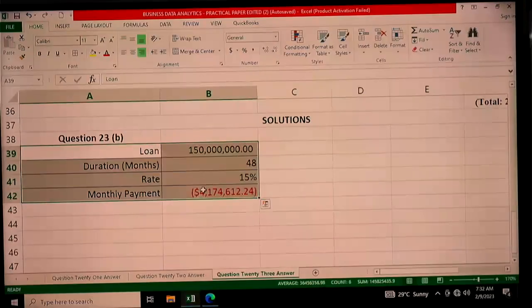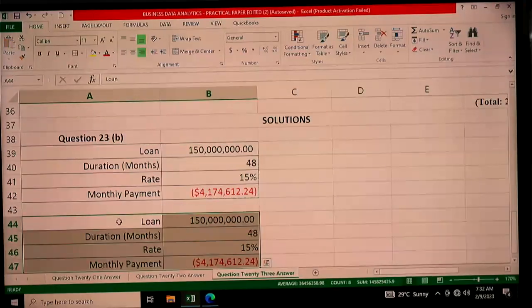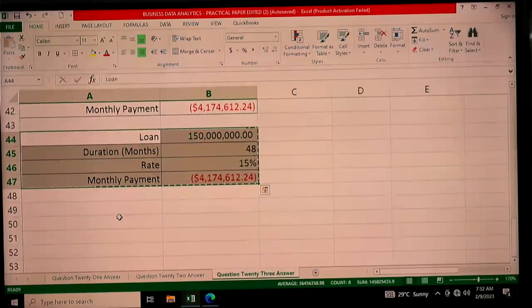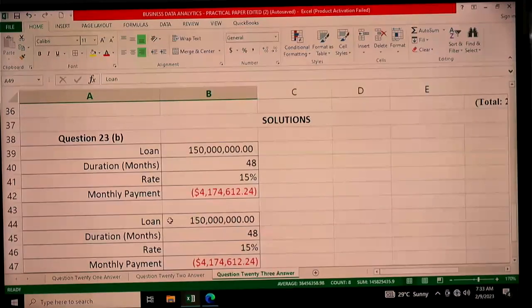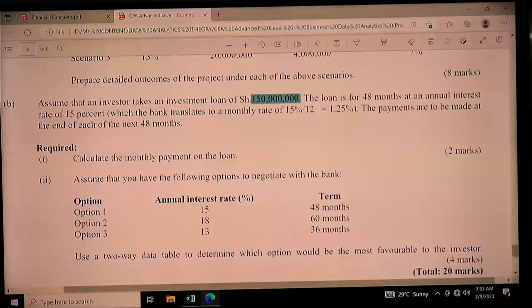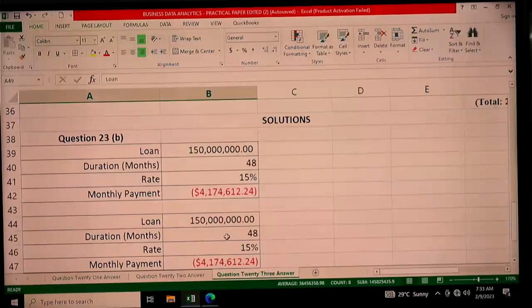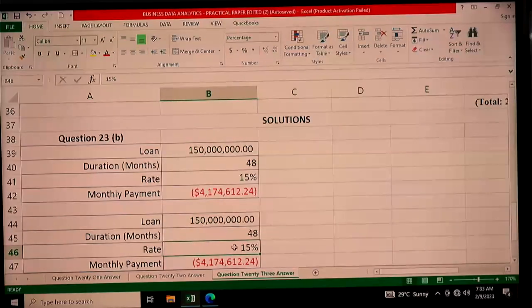That is, you copy the first one, you paste there. You copy this one, you paste down here. Then you change the values. That is, here you say the first option was 60 months. So you type there 18 and the number of months 60. You'll be forced to do that.